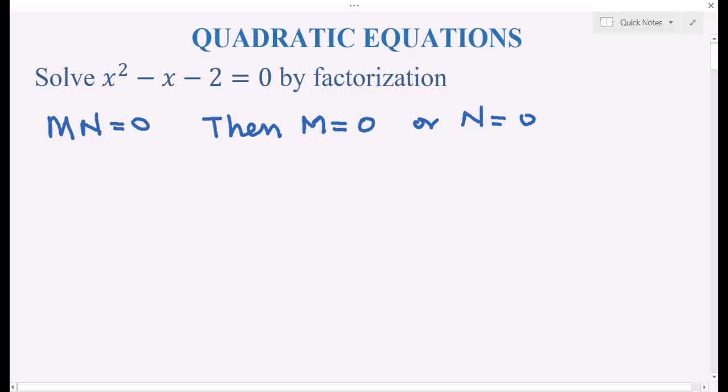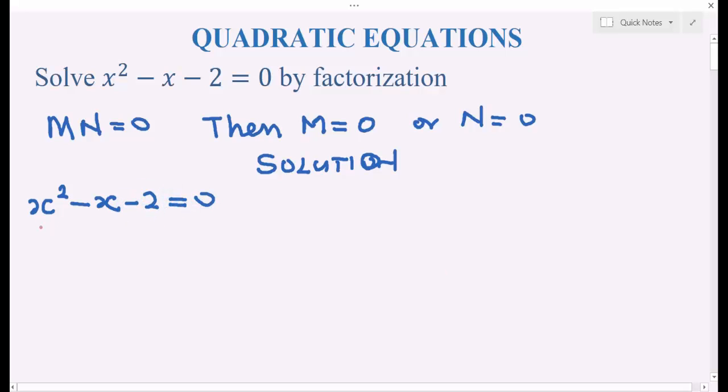Now let us see how to solve this equation. Solution. We have x squared minus x minus 2 is equal to 0.